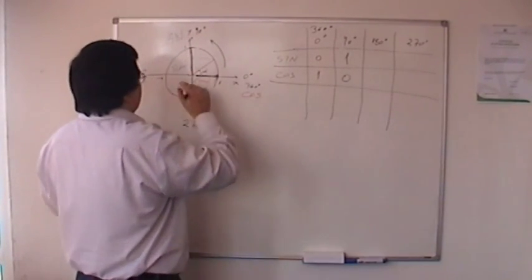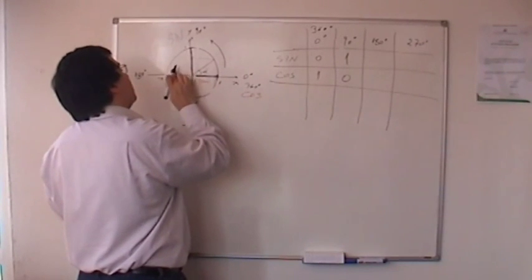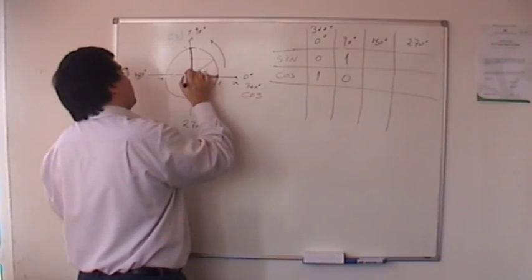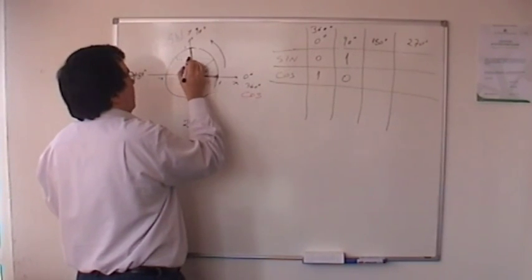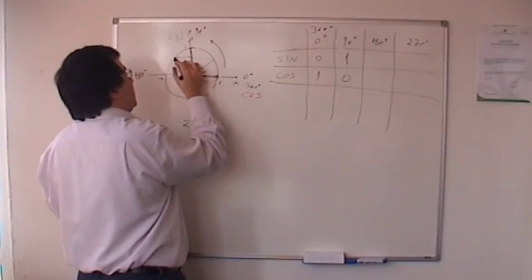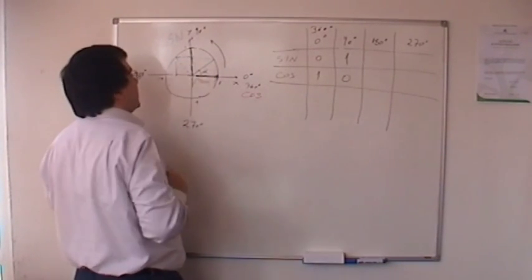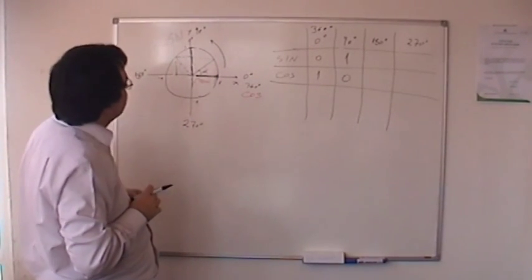Now if we move our angle to the second quadrant, we can still get the sine values with this projection here and the cosine with the projection in the horizontal axis.